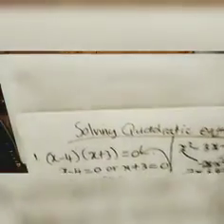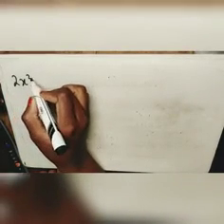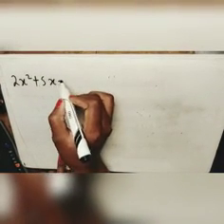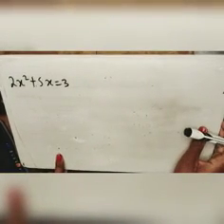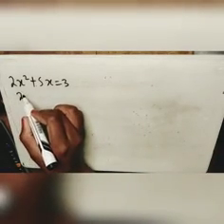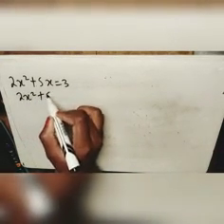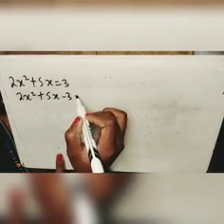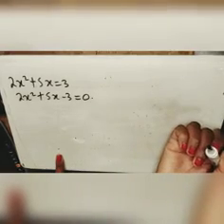Our next example is 2x squared plus 5x is equal to 3. Please don't freak out. Just take your 3 to the left hand side. So this is going to be 2x squared plus 5x minus 3 is equal to 0.